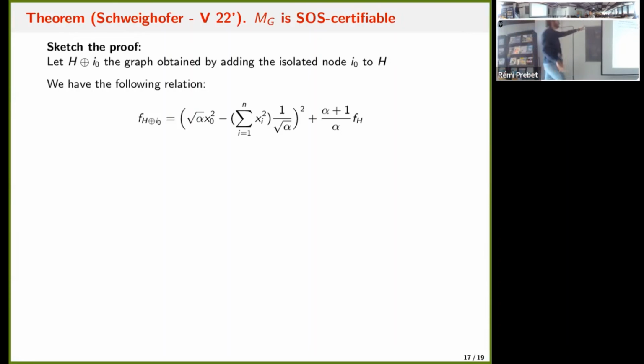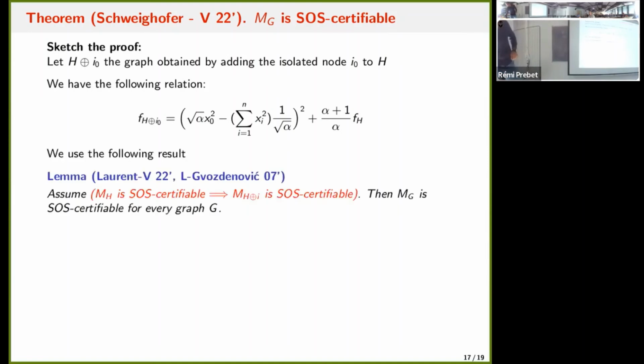And then we have the following relation between the polynomial of H plus one isolated node and the polynomial of H. And then we are going to use the following result: if the following claim holds, that if MH is SOS certifiable, then adding one isolated node is also SOS certifiable, then MG is SOS certifiable for every graph.